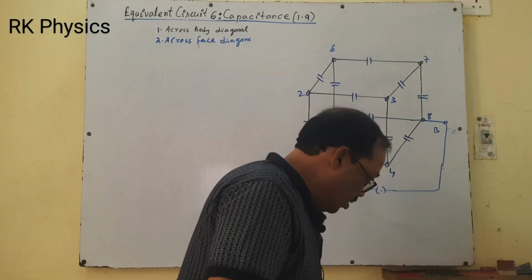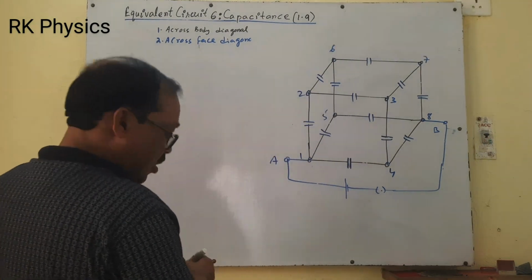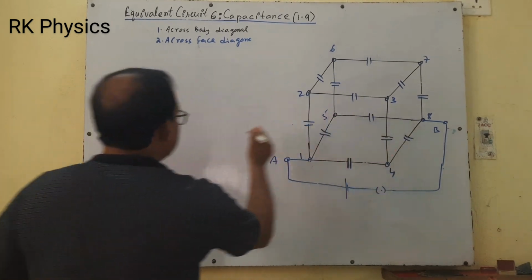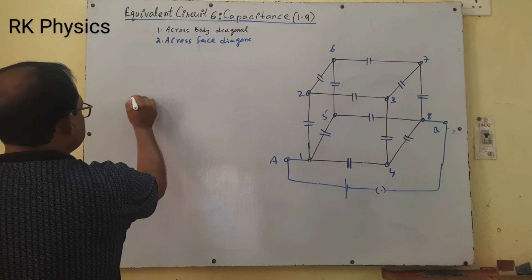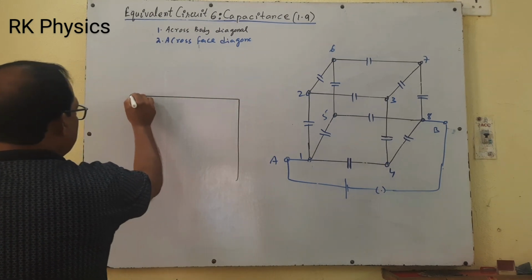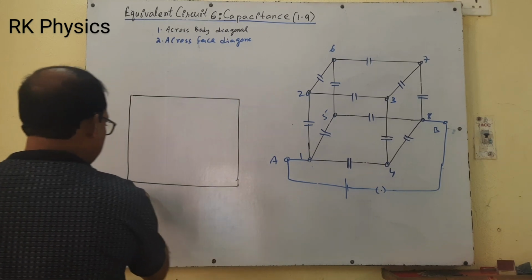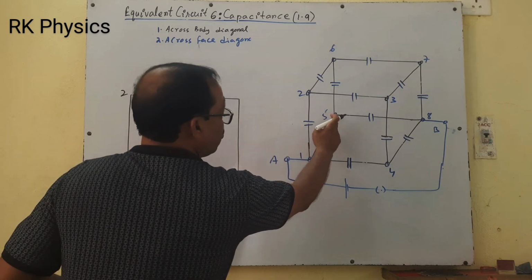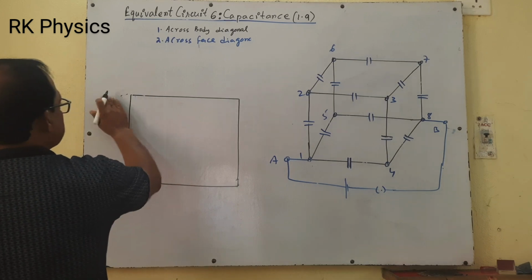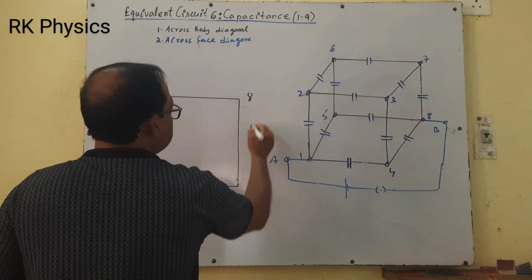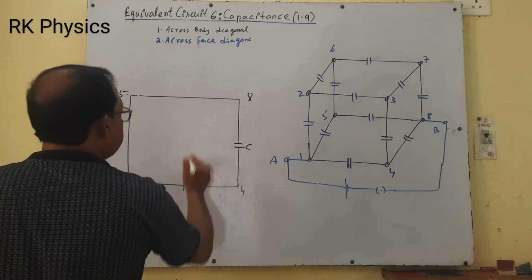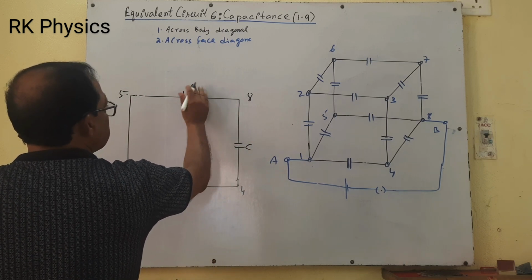I am drawing a diagram, just observe. Now this is 1 2 4 5. Sorry, this is 1 5 8 4. Yes, 1 5 8 4. Suppose I am taking 4 capacitances as it is in each branch.